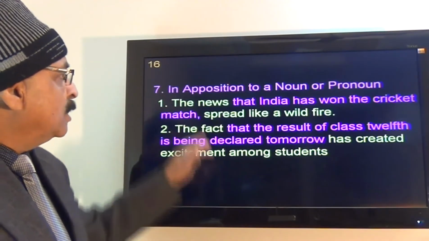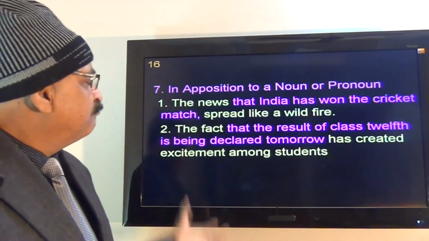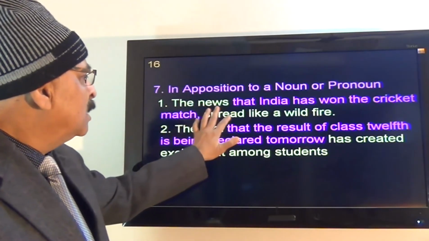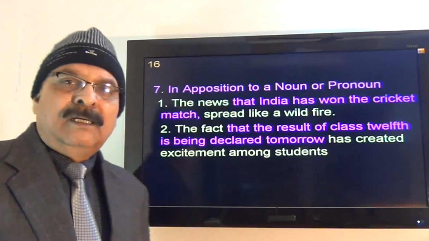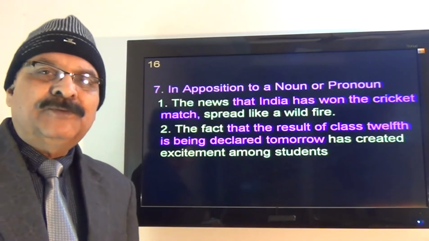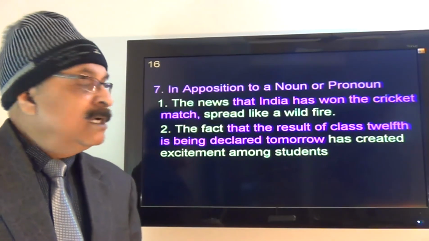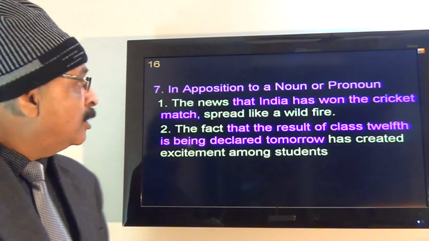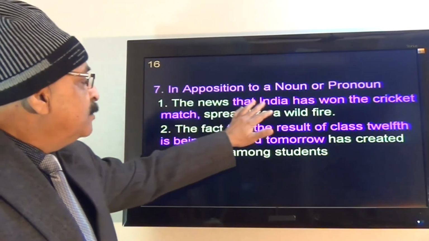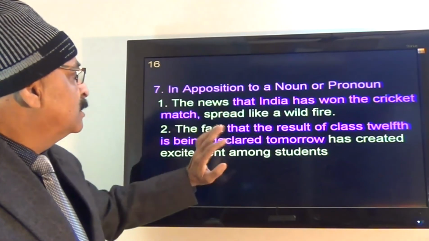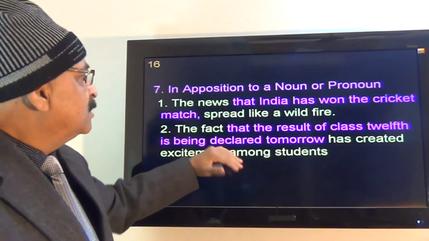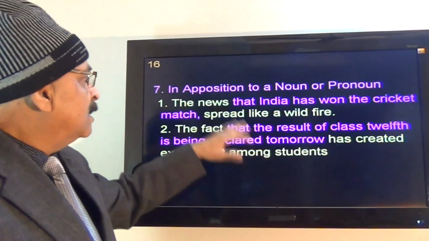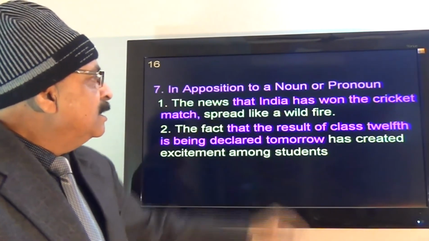In apposition to a noun or pronoun, basically we have the news that, the fact that, the thought that. Such types of sentences we find in this noun clause in apposition to a noun or pronoun, and it is an explanation of that news, fact. What is the fact? That the result of the class. What is the news? That India.